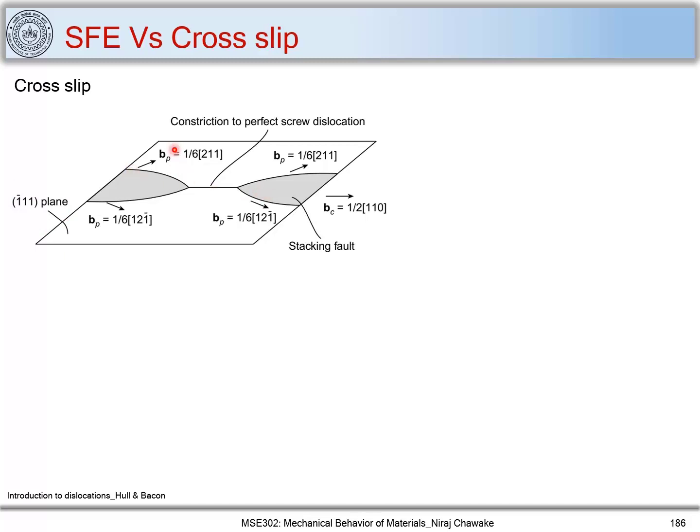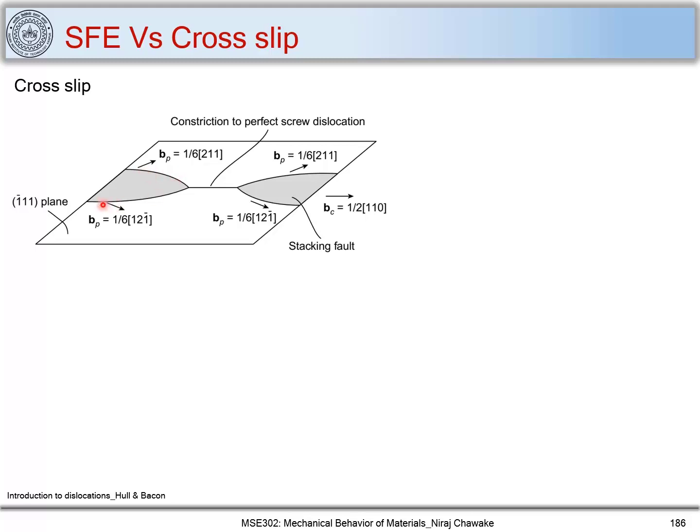Now, when this screw dislocation splits into two partials, it doesn't remain a screw, because it makes some angle with the dislocation line or tangent vector. So if this kind of dislocation wants to cross slip, these partials should meet each other.